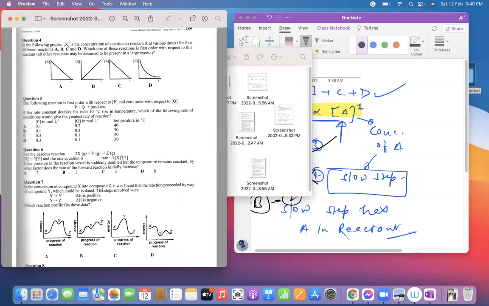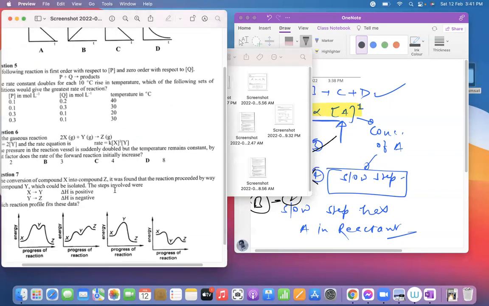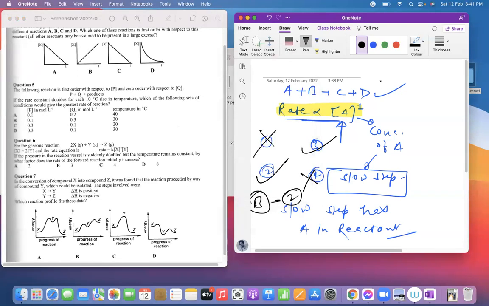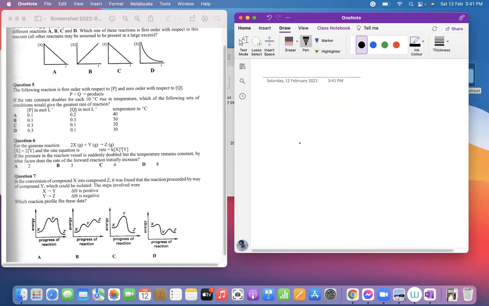Okay, look at number 7. Question 7 is: in the conversion of a compound X into Z, it was found that the reaction proceeds by way of a compound Y that could be isolated.